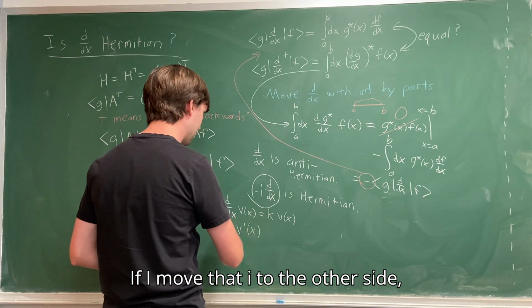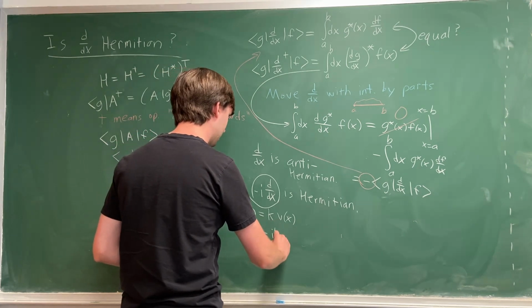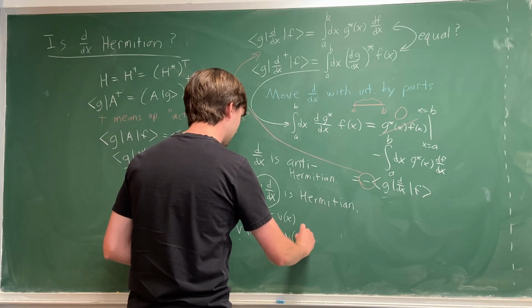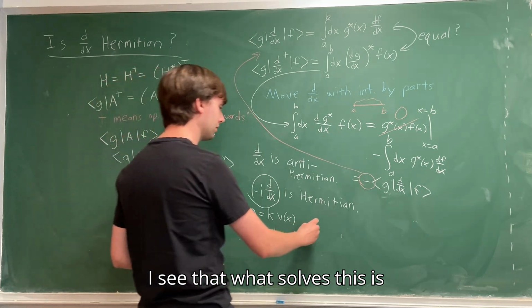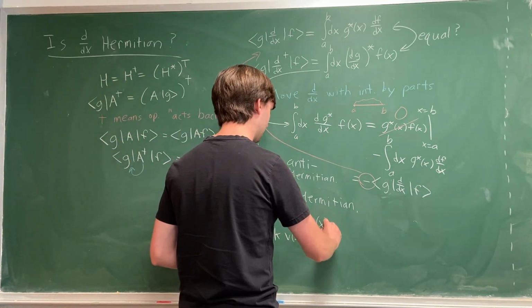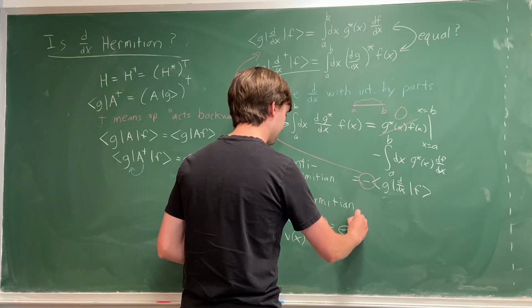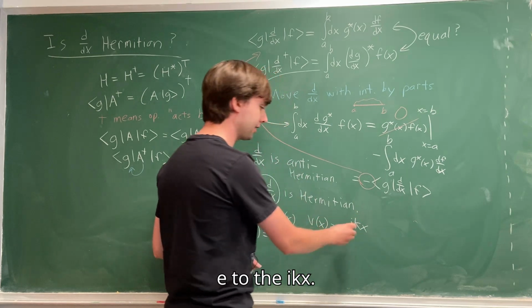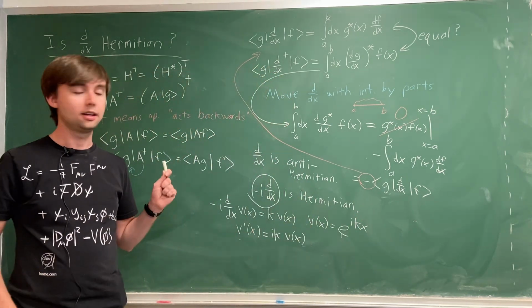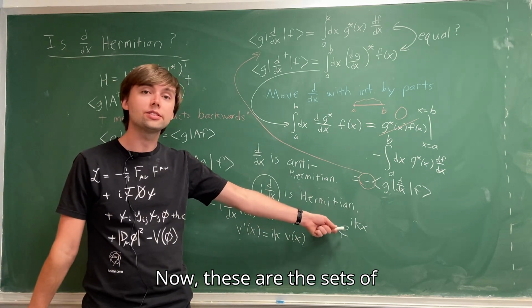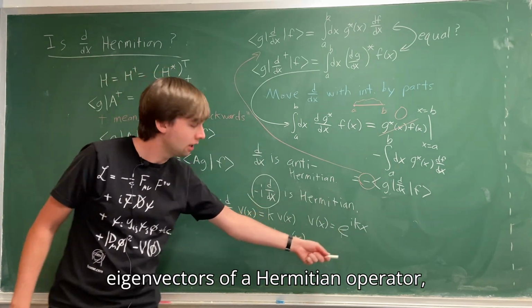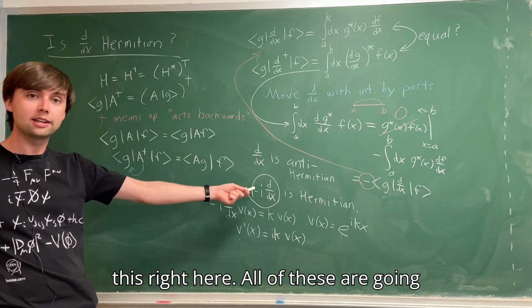If I move that i to the other side, I see that what solves this is e to the i kx.